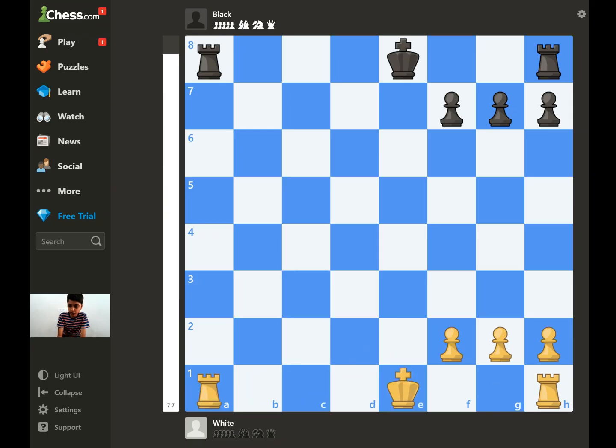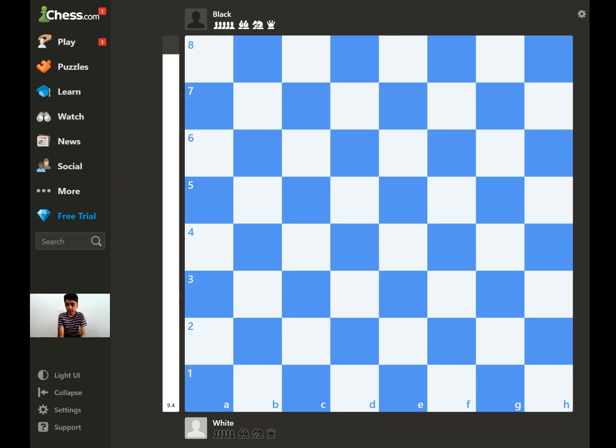Now, let's talk about another major concept, that is the files and the ranks. Let's put this rook again here on e4. Some people might think, what are these 8, 7, 6 till 1, and what are these letters a to h?